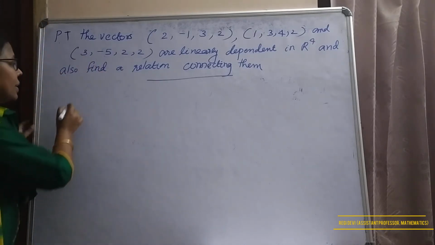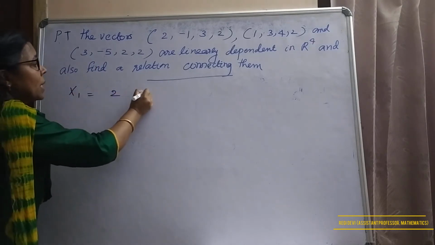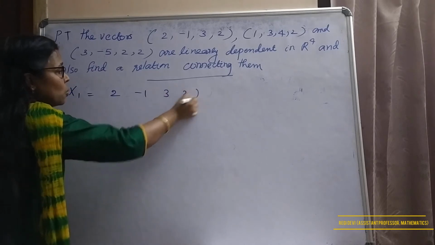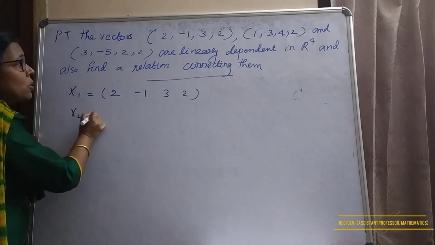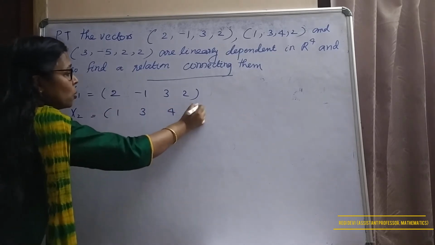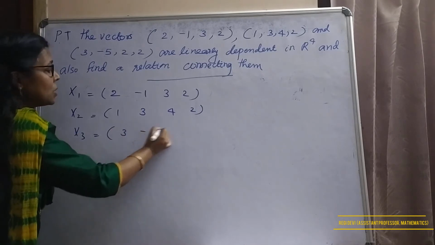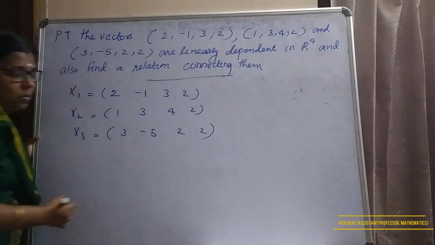For this, take x1 equal to first vector, which is 2, minus 1, 3, 2. x2 equal to second vector, 1, 3, 4, 2. x3 equal to third vector, 3, minus 5, 2, 2.